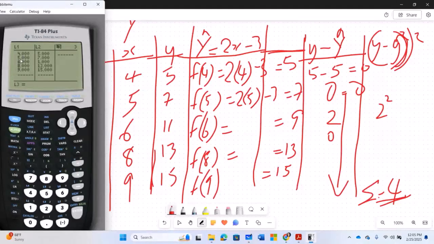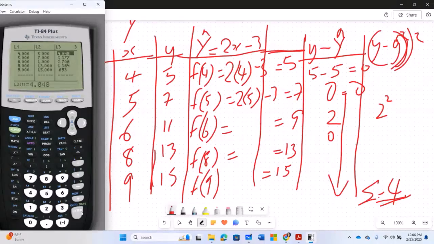I'm going to say vars, y vars, function, y1, and then I will substitute my L1, parenthesis, second L1. I did it by hand, and I'm doing it by calculator also. That way we know how we got that. Okay, so these are the predicted.